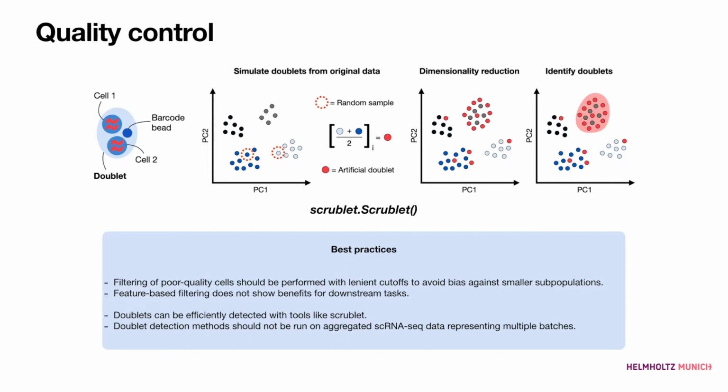Another important point to mention here is that doublet detection methods should actually be run on the individual samples that you get. It shouldn't be run on an aggregated data frame that already contains multiple batches or multiple samples, because doublets can realistically only occur between cells that are in the same sample, not across samples.